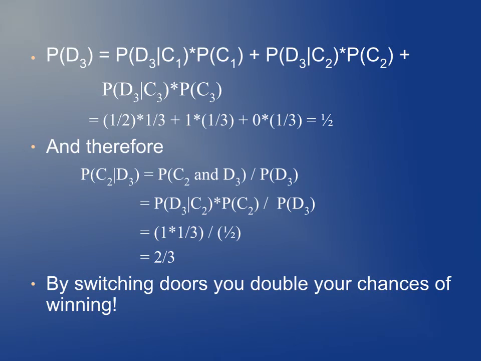That's equal to the probability that the host opens door 3 given the car is behind door 2 times the probability the car is behind door 2. So work out all those probabilities, and you find that the probability the car is behind door 2 given the host opens door 3 is 2 out of 3.